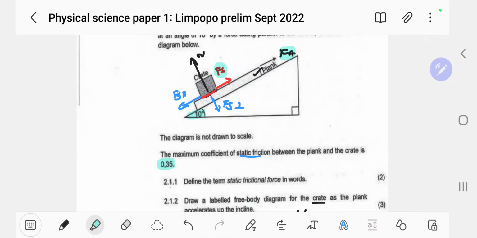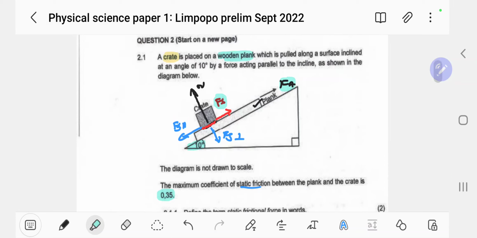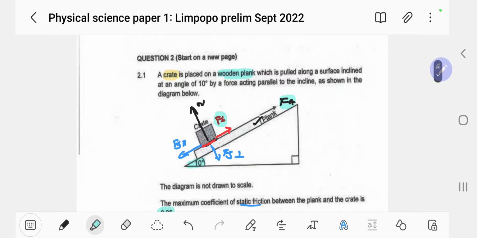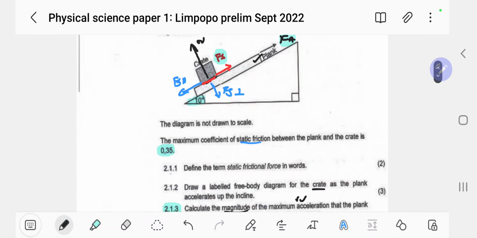Our applied force should be exactly the same as our frictional force there. Then it would be bigger than our Fg parallel of the crate. Do we know the mass of the crate? We don't. So we have a bit of a challenge here, because there are quite a few unknowns, but we will find a way.